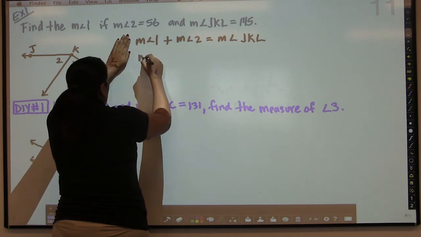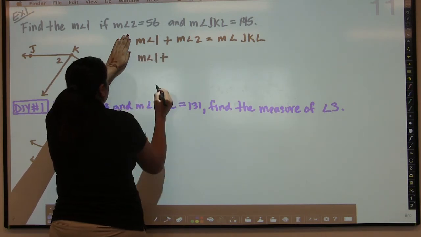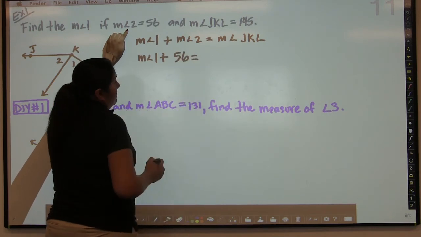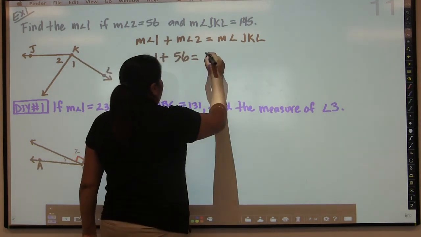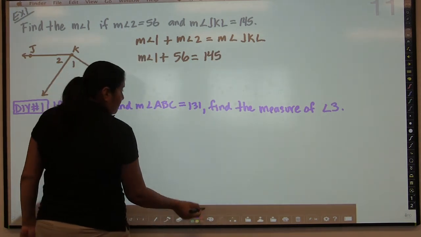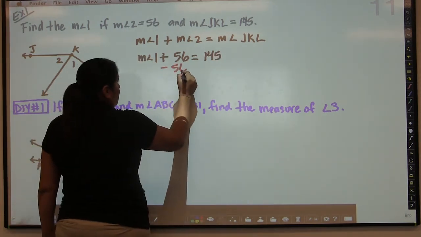I don't know what angle 1 is. That's what I'm being asked to solve for. But angle 2 is 56, and JKL is 145. So now this just becomes a simple algebra problem, if you will.